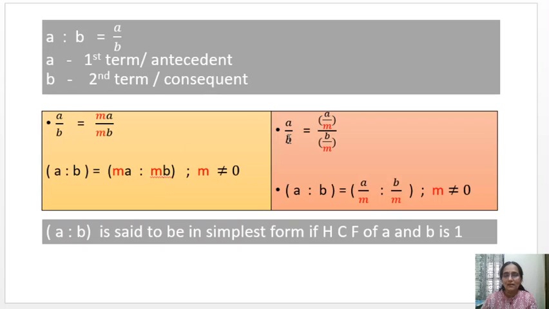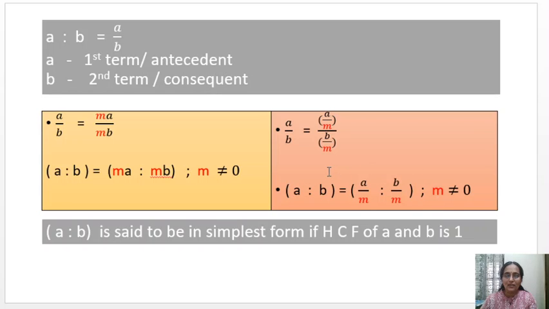Similarly, the 2 terms of the ratio also can be divided with the same number. A by B. You know already the ratio can be written as a fraction. About fractions, you know the rule. You can divide the numerator and denominator by the same number. So A:B is said to be in the simplest form if the HCF of A and B is 1.